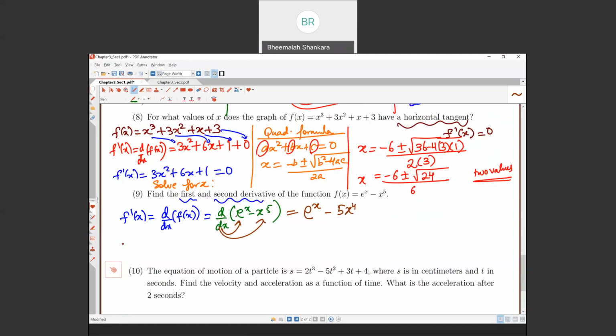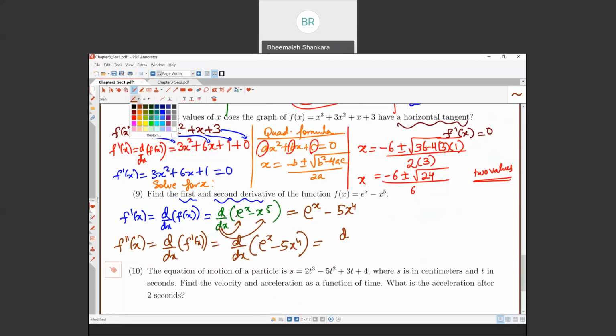Let's do the derivative again, f double prime, which means you're deriving the function f prime. f prime is the function you got in the previous step. So let me write f prime is e to the x minus 5x to the 4. So you're going to write this as d dx of, you can distribute this derivative to each term here.